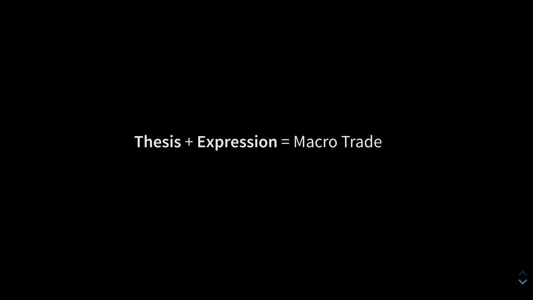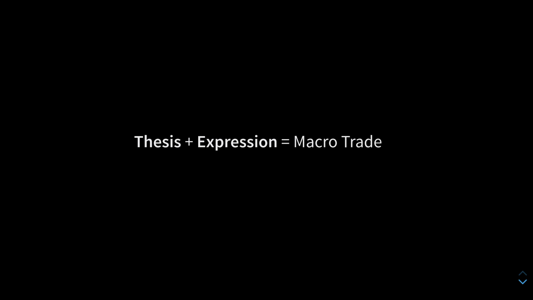But the thing is that both are equally important. And I think the expression of the trade is even more important than the thesis, because sometimes what ends up happening is your thesis could be wrong, but your trade actually still ends up making money, right? But ideally, you want a thesis that is correct, and the expression of that thesis also makes money.